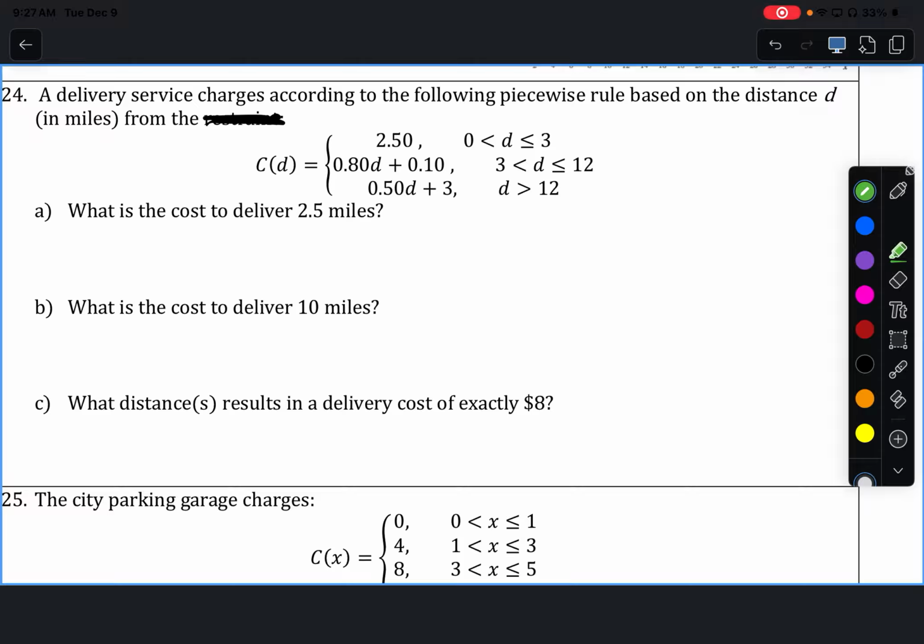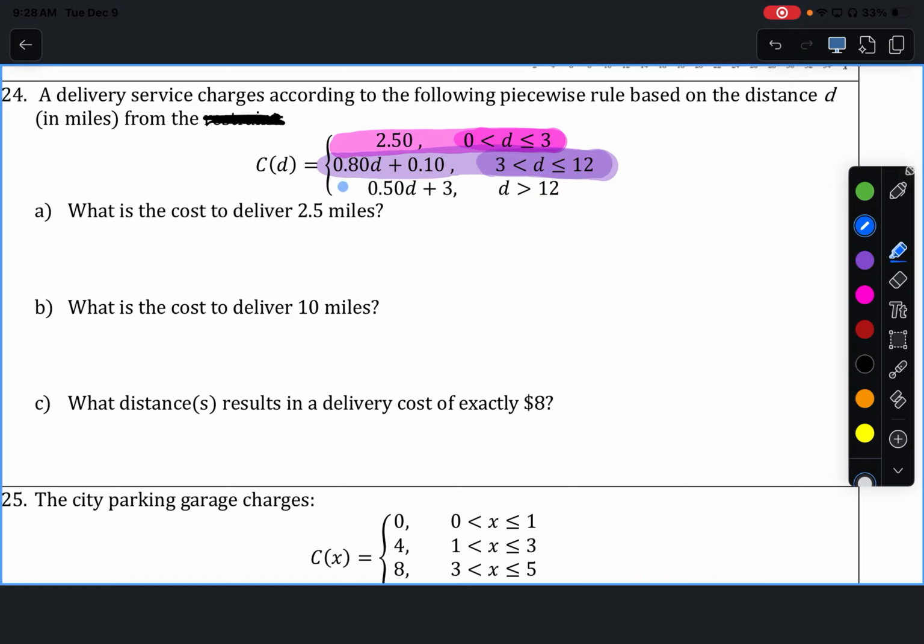So we have our function C of D. It is 2.5 when it is between 0 and 3. It is 0.8D plus 10 when it is between 3 and 12.